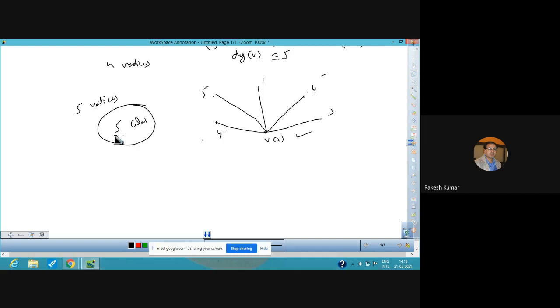This is what they are saying. We are simply taking a planar graph, not a connected planar graph, not a circuit.